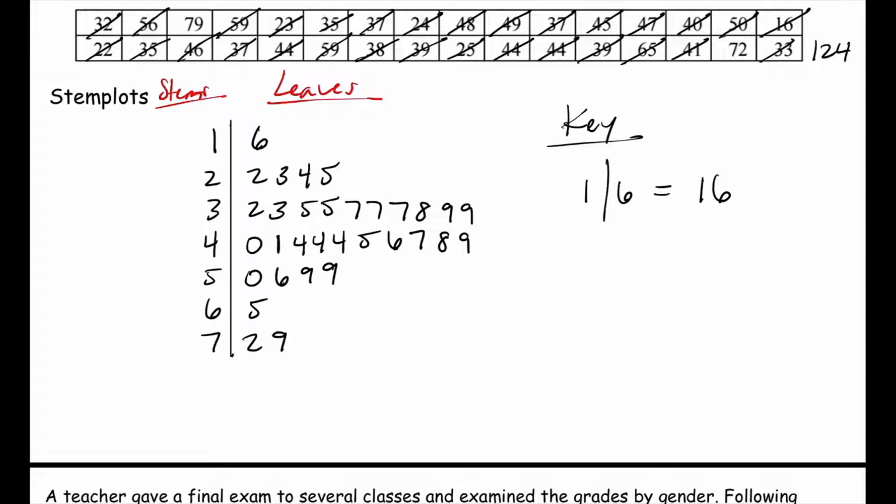Sometimes they might be decimals. Sometimes I've seen a key looks like this. 1.6. So now it's not 16, it's 1.6, 2.2, 2.3, 2.4, and so on and so forth. So having a key helps. It is required because it could be different things.